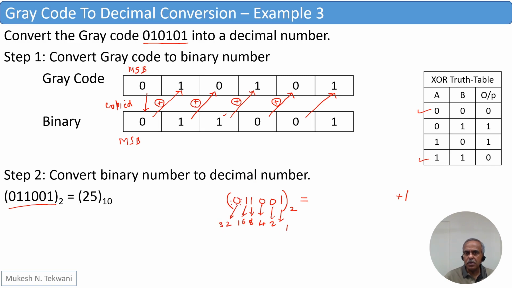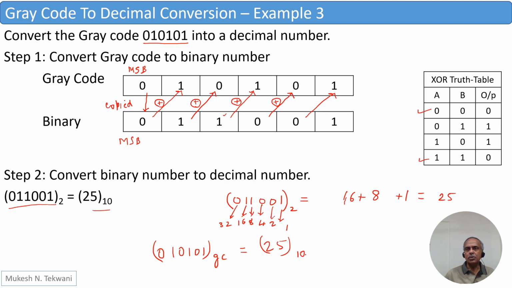Wherever we have the bit positions as 0, we ignore the weights, and then we are left with 16 plus we have a 1 bit here, so plus 8 and plus 1, so that becomes 25. Therefore 010101 of the gray code is equivalent to 25 of decimal. This is how we convert a gray code into its decimal value.